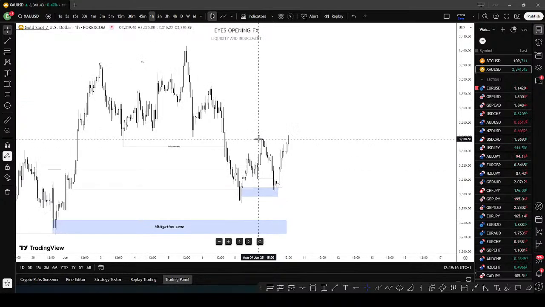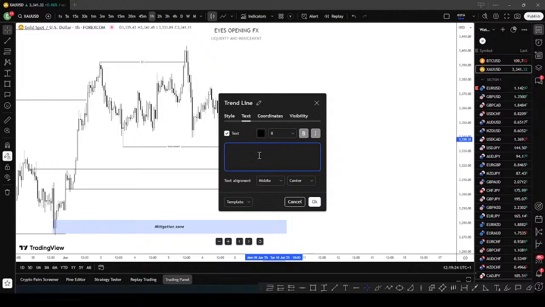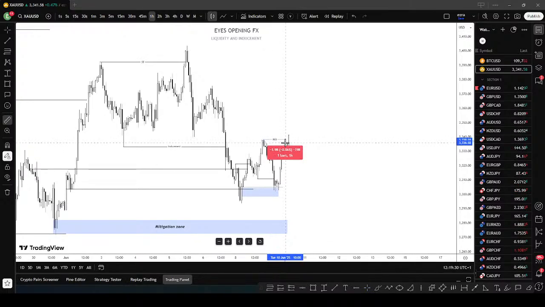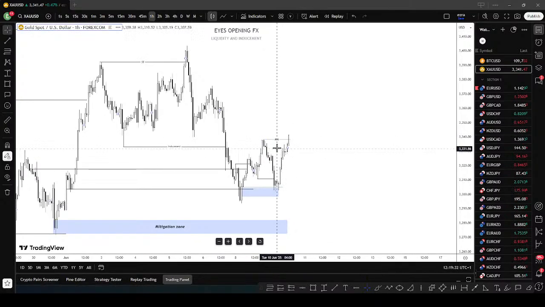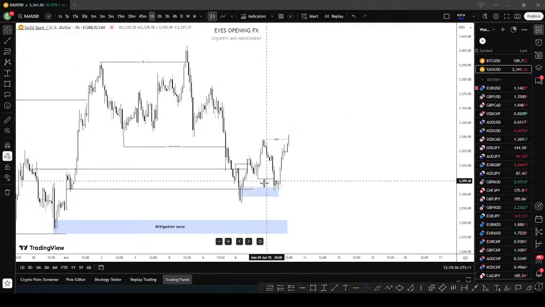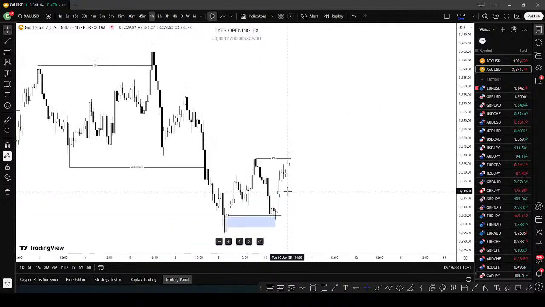The market has now taken out this high, so you note this high as a break of structure. So this is our BOS. For gold, which I will update today after this live session across my channel, we are looking for a good buy continuation to the upside. So we are buying the upside right here.